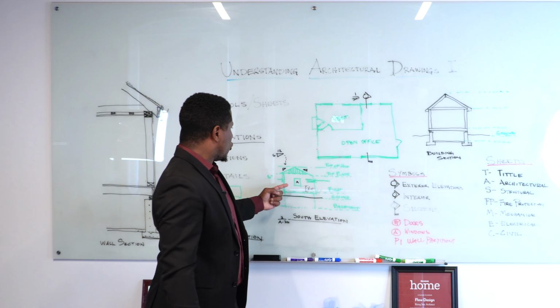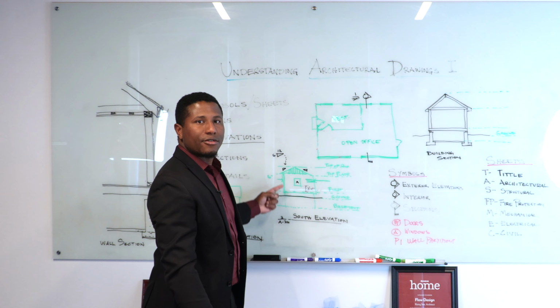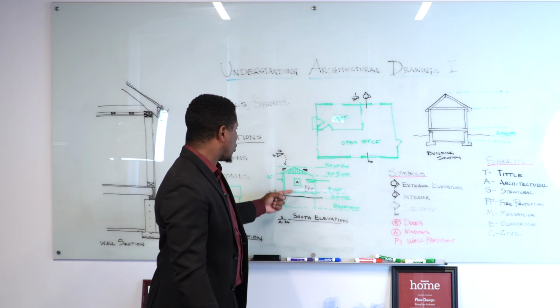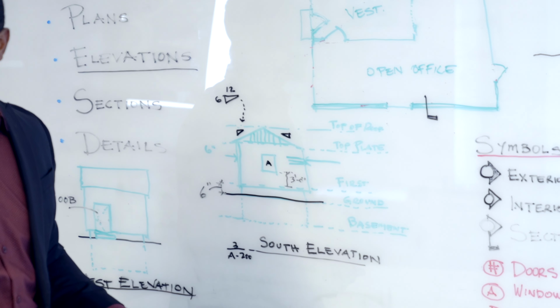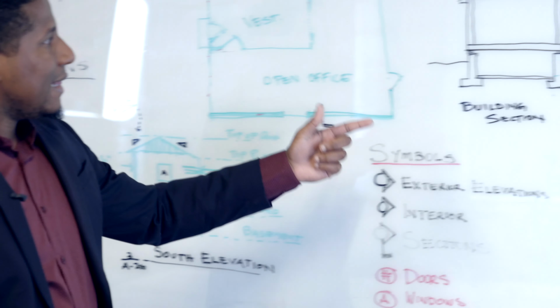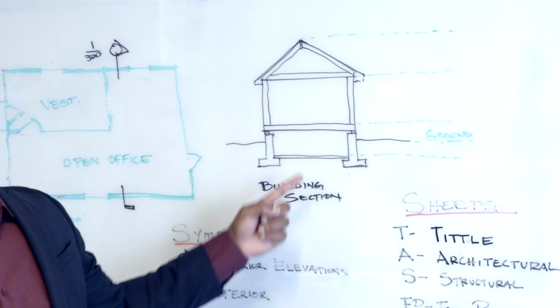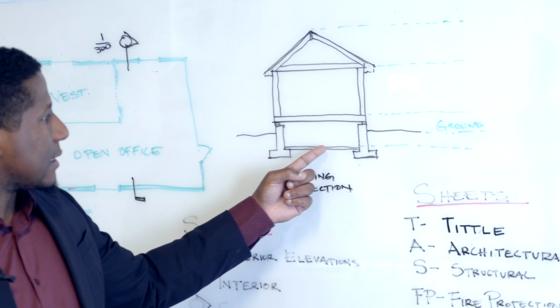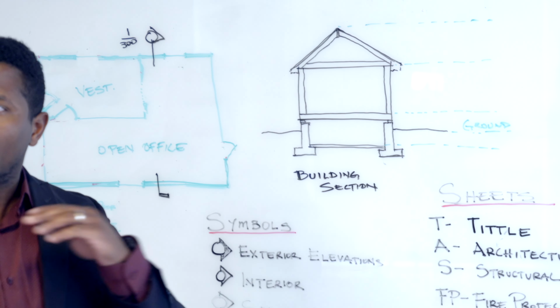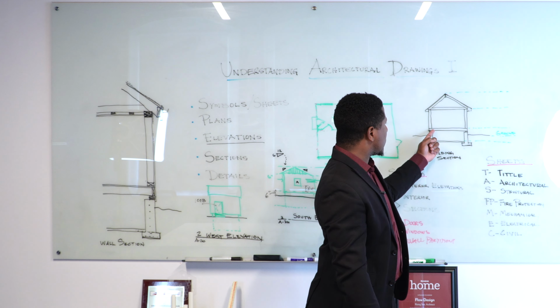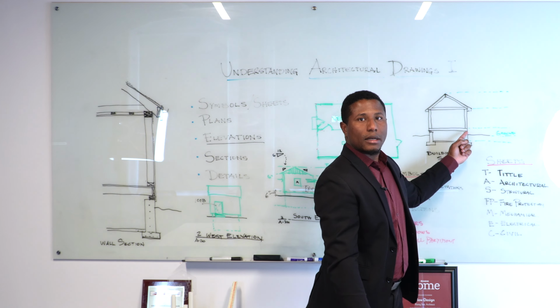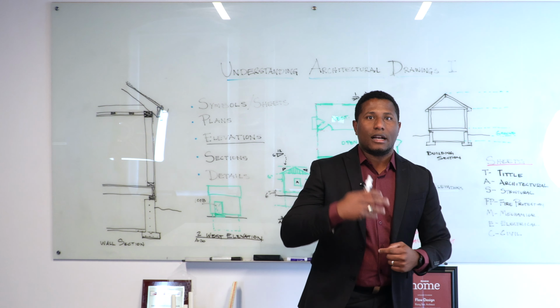Before, you could only see the exterior of the building, and the windows, that kind of thing. In the section, you can see the foundation wall, the concrete slab on that foundation wall, and the floor assembly, what kind of framing it is.